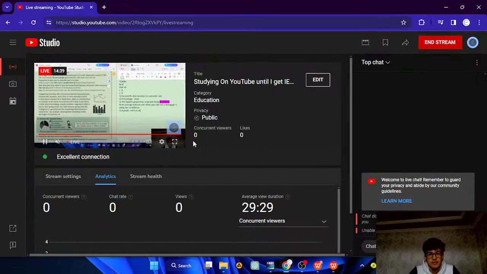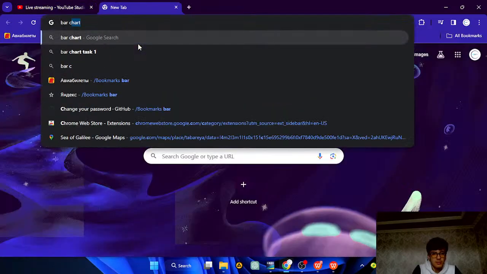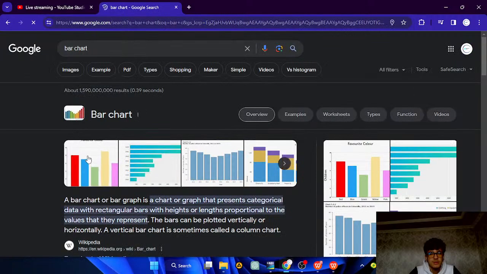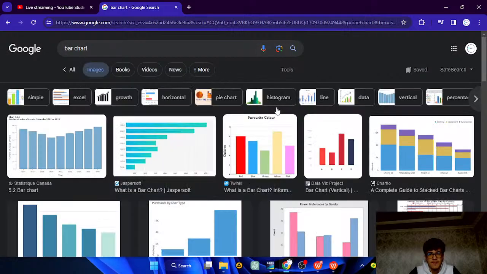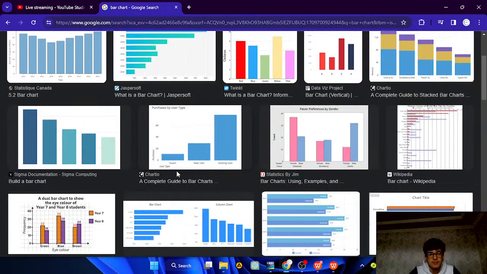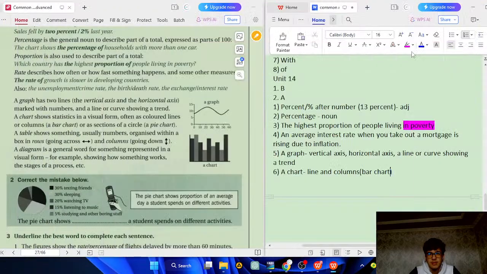Okay, let's see some examples, right? Bar chart. Okay, this is a bar chart. Lines and columns, really not the same thing.